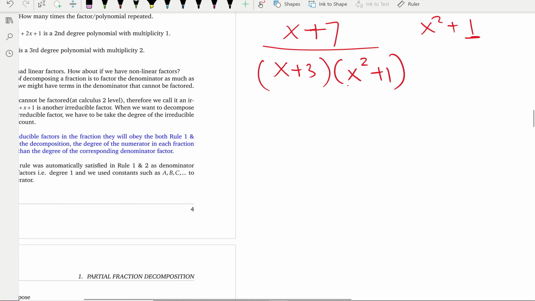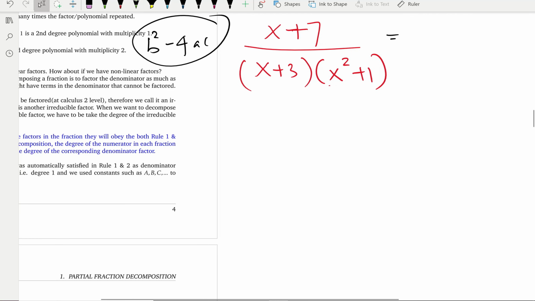Expressions like x squared plus 1 we call irreducible factors. And the name makes sense, right? Irreducible, you cannot reduce it further. So if it is a quadratic function, use b squared minus 4ac. If it is negative, you cannot factor it, okay?